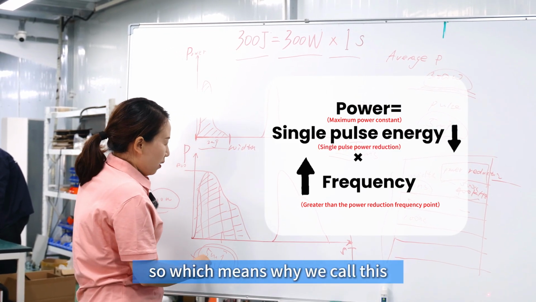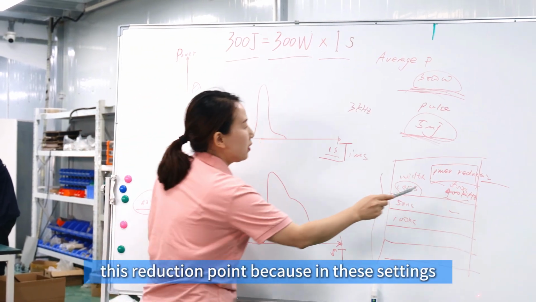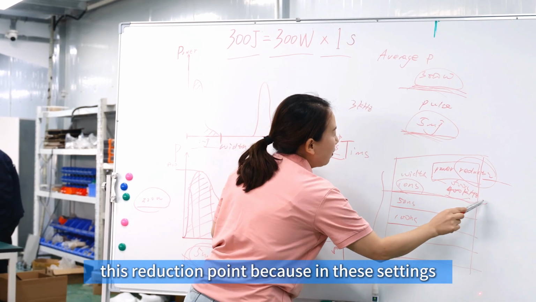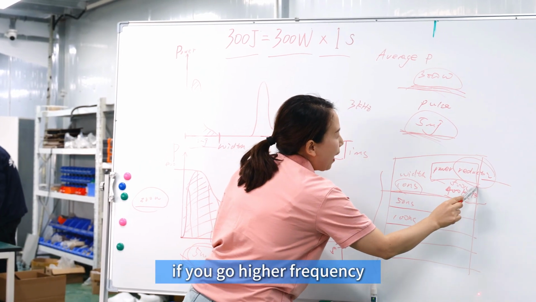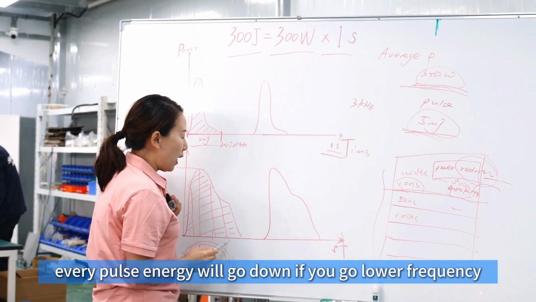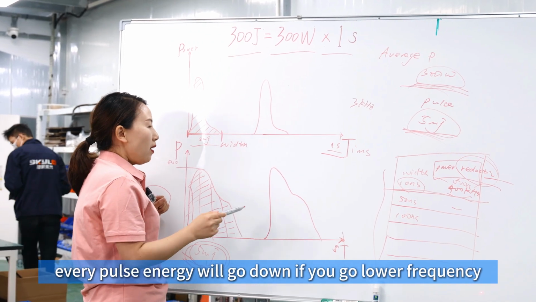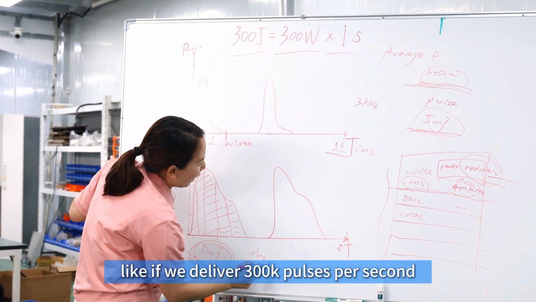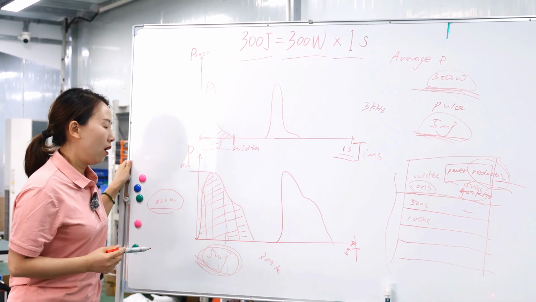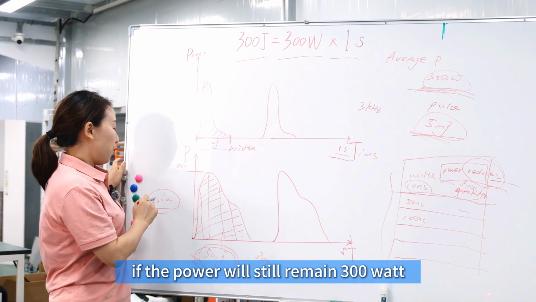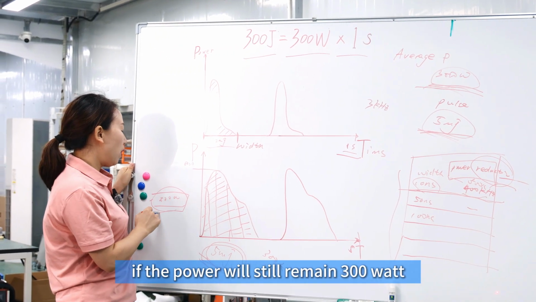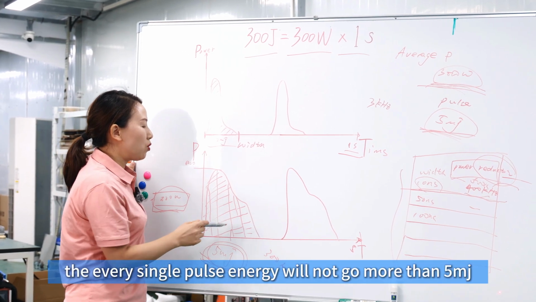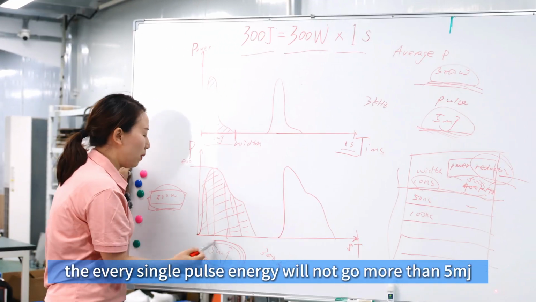That's why we call this the reduction point, because in these settings, if you go higher frequency, every pulse energy will go down. If you go lower frequency, like if we deliver 300K pulses per second, the power will still remain 300 watt, but every single pulse energy will not go more than 5 millijoule.